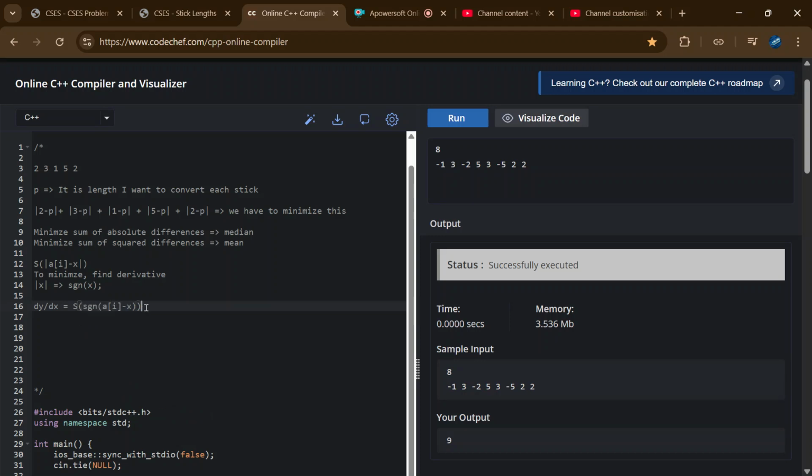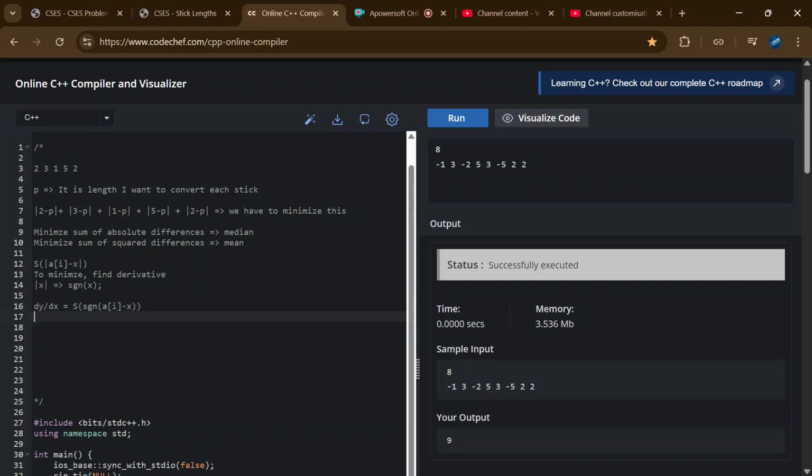Now we have to apply some common sense and logic to decode what to do. This is a of i minus x and signum. Suppose there are five elements in the sigma, so the sum of five elements is there.